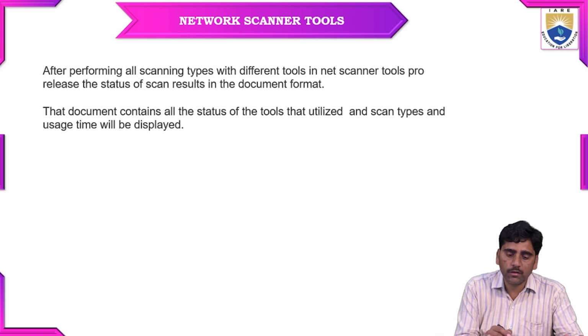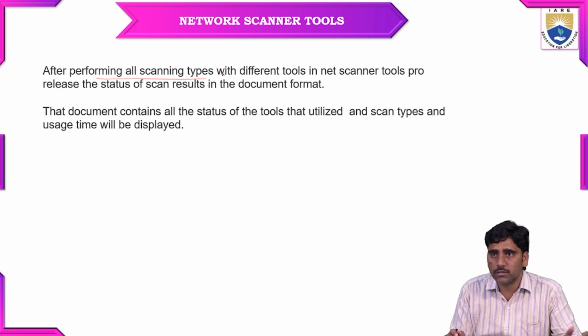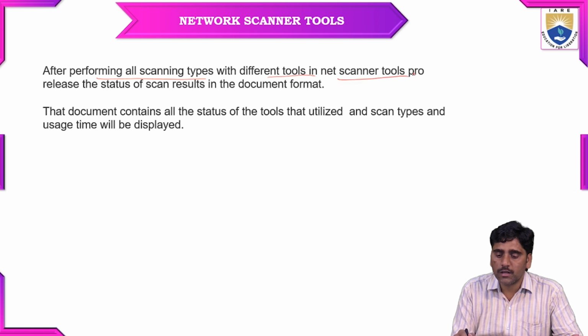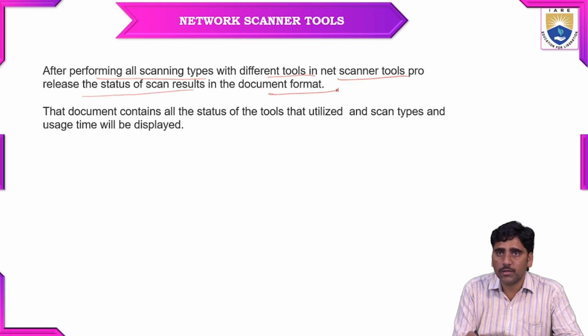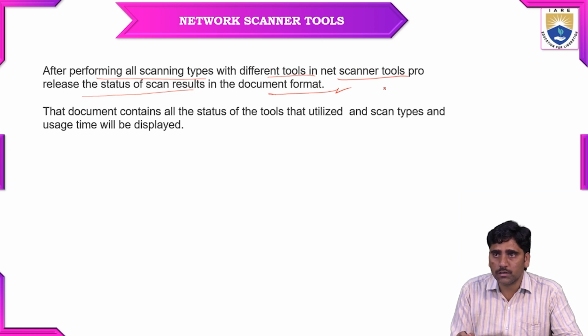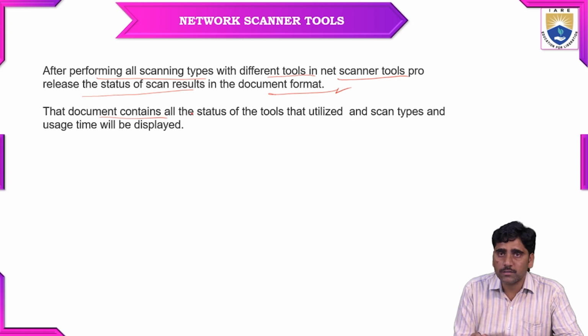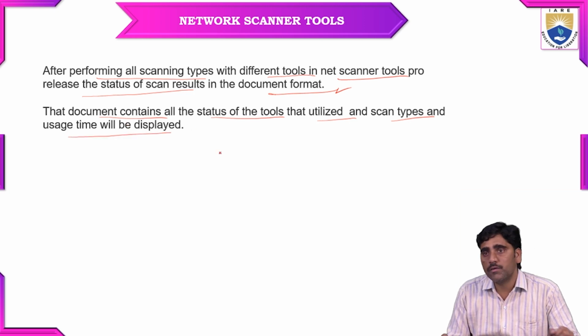After performing all scanning types with the different tools in NetScanTools Pro, it releases the status of the scan result in document format. That document contains the status of the tools utilized, the scan types, and the usage time.